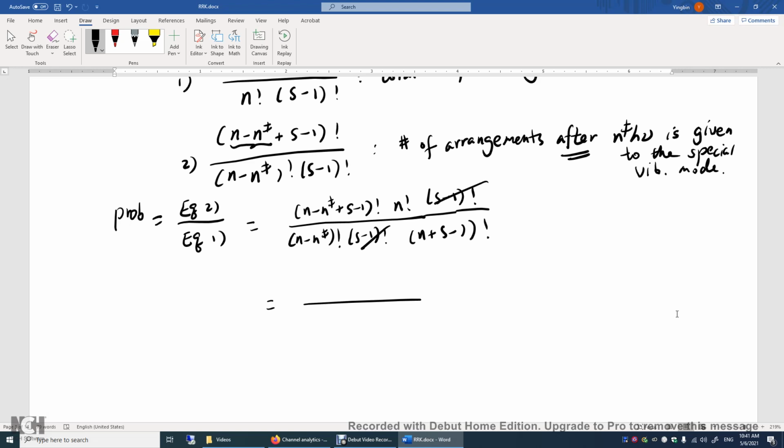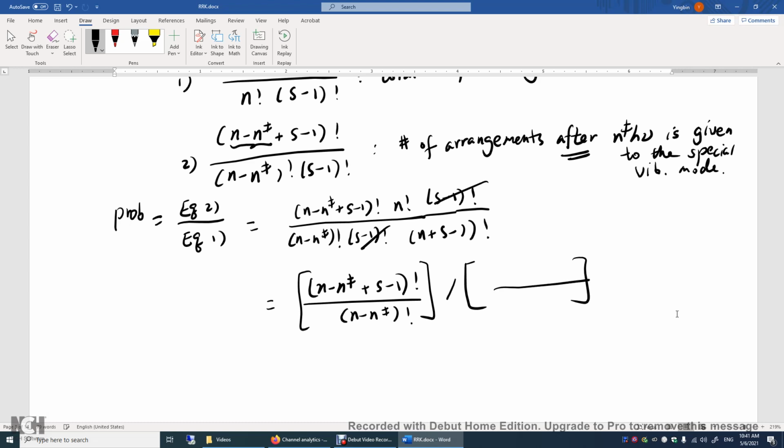So what I will do is I will have this N minus n double dagger plus S minus 1 factorial over N minus n double dagger factorial. So we have this term, and then divided by a similar term.